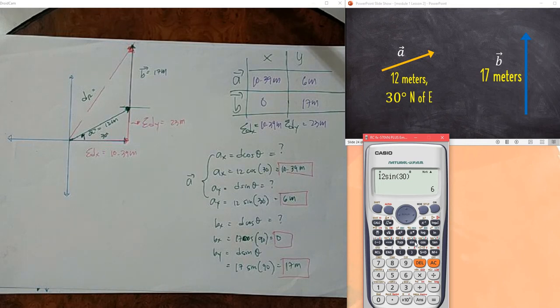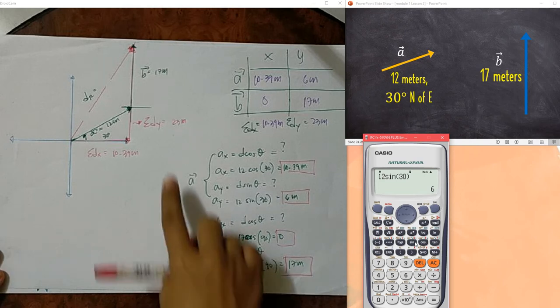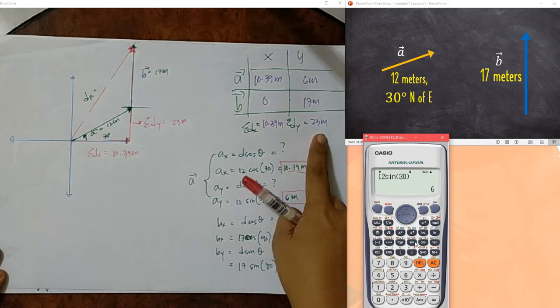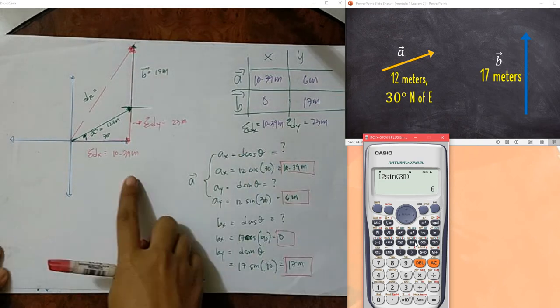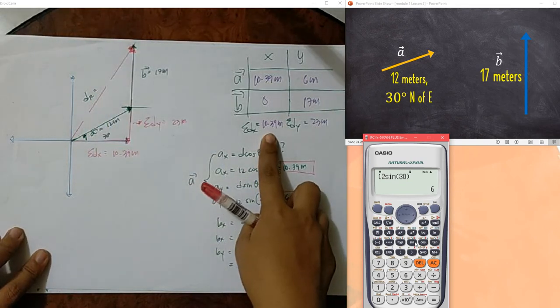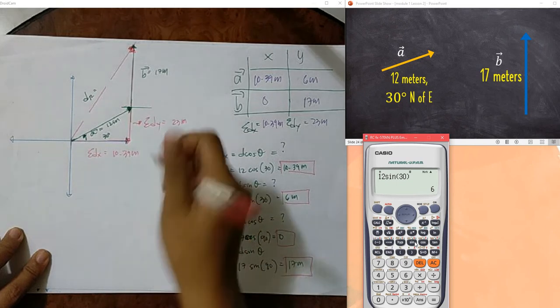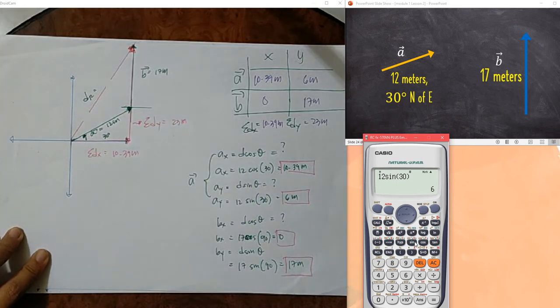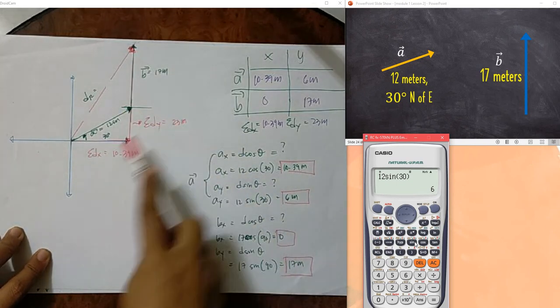By the way, if you take a look here, the y component is positive, so meaning it should be directed to the positive y. The x component is positive as well, so it should be directed to the positive x. So this is for the summation of y and summation of x.